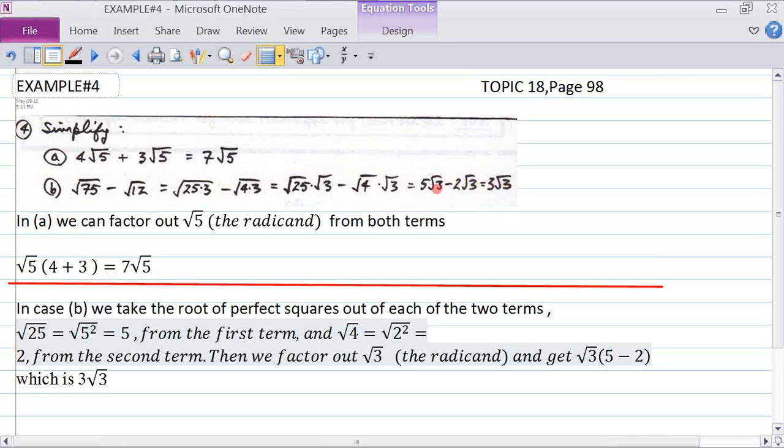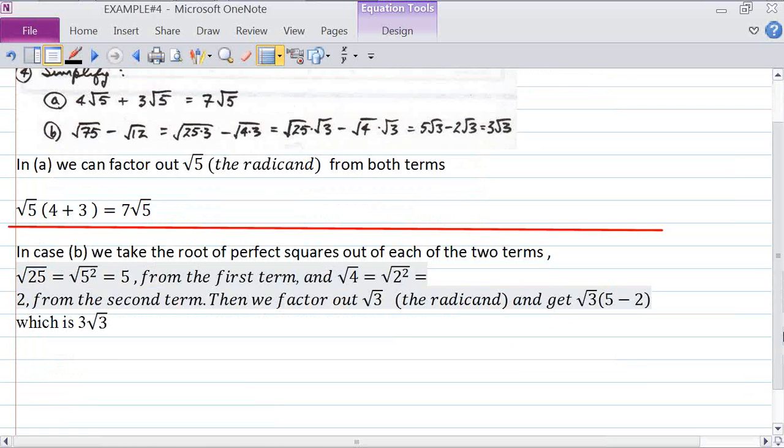If you want, you can just factor out the root 3, which is right here, and you've got 5 minus 2, so you get 3 root 3. You could say, well, this is 5x, and this is 2x. If you make the x equal to root 3, 5x minus 2x is 3x, and the x is root 3. So you can do it that way if you want.